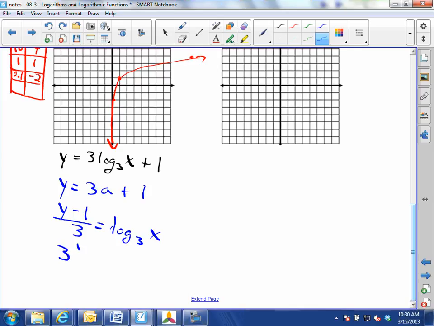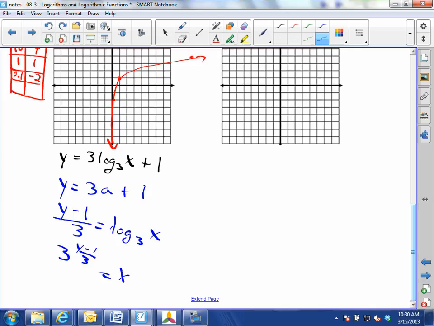Our base is 3. Why isn't y the x one? Because the log is not by itself. When the log is by itself, it's equal to the x. You've got to get it by itself.